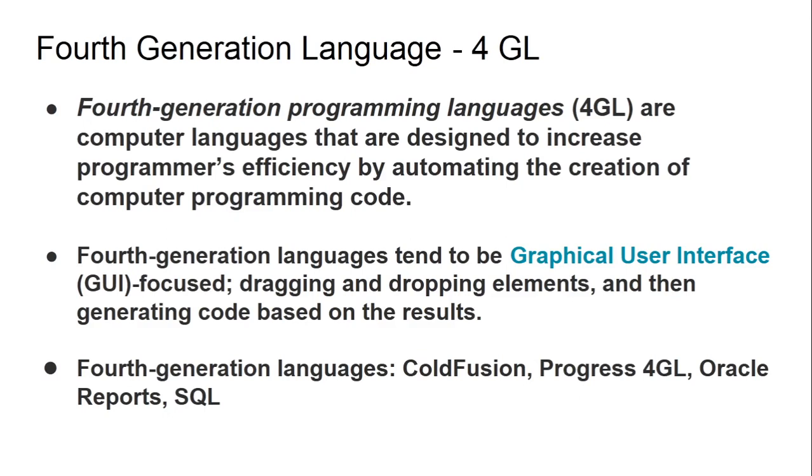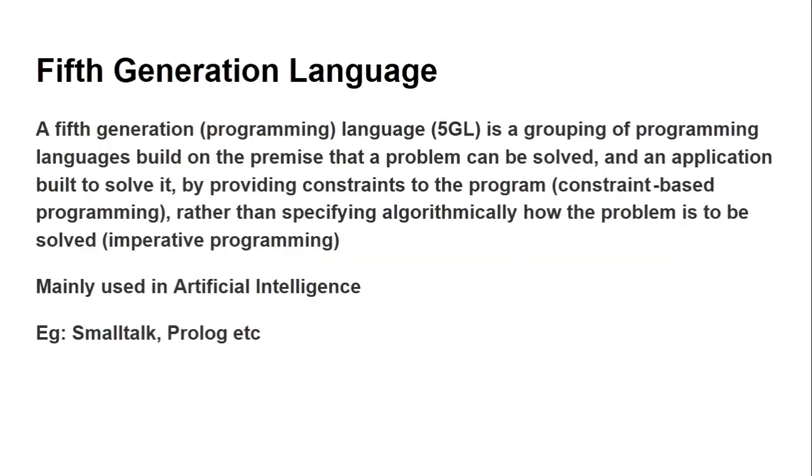And finally we have the fifth generation. In the previous generations we had to define specific instructions. Suppose we have a certain problem, we must have clear instructions to solve the problem. Step number 1, do this; step number 2, do this; step number 3, do this, and so on.